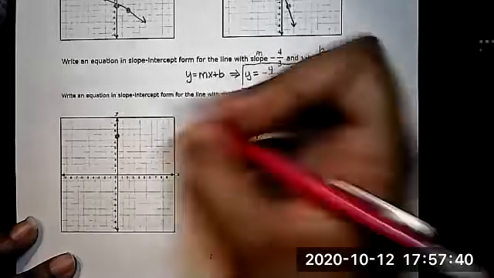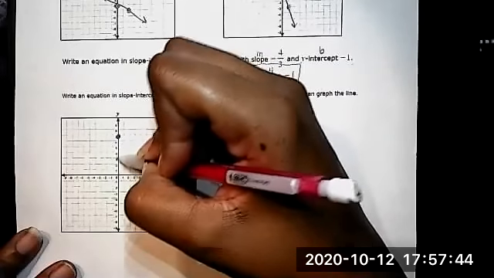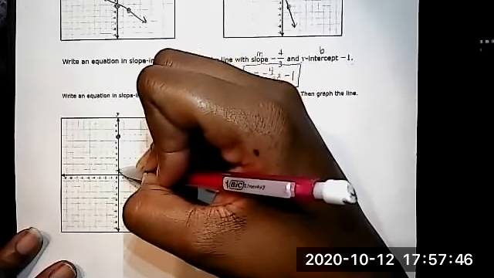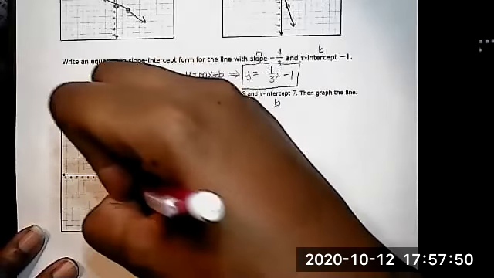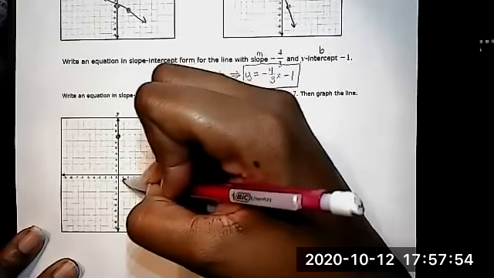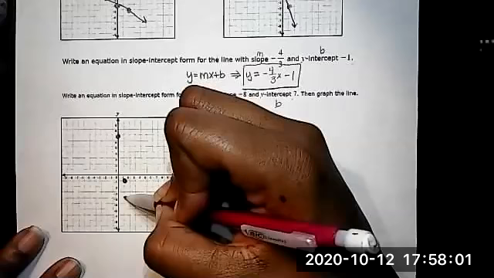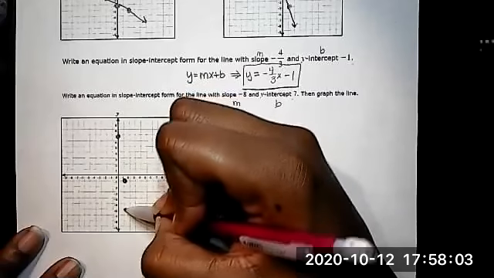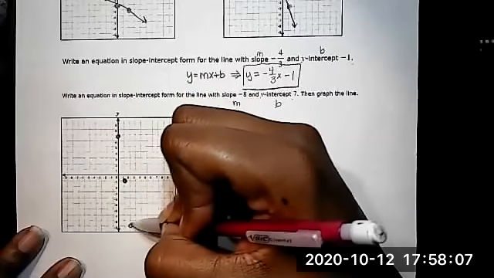All right, so I'm going to move down 8. 1, 2, 3, 4, 5, 6, 7, 8, and then down to the right 1 there. And then from this line, again, I can do the same thing. 1, 2, 3, 4, 5, 6, 7, 8, right 1.